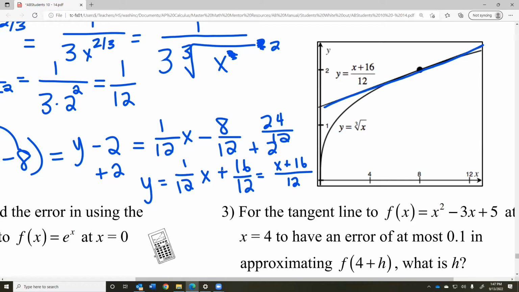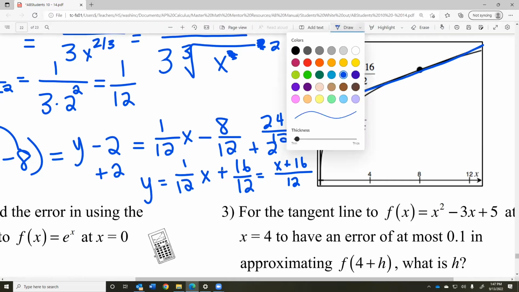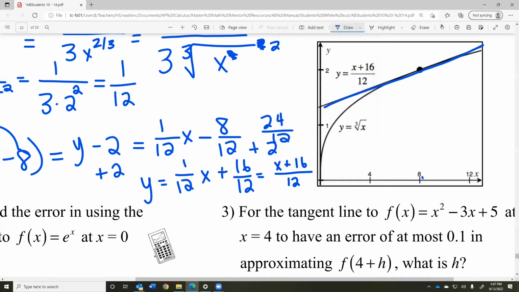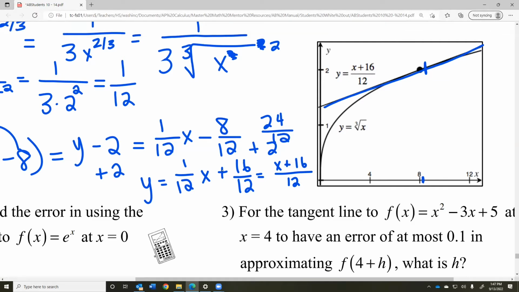And we're going to use that to approximate the value of 8.1. So if 8's right here, 8.1 would be about right there. So what would that value be equal to? So the approximation, y, is approximately 8.1 plus 16 all over 12.